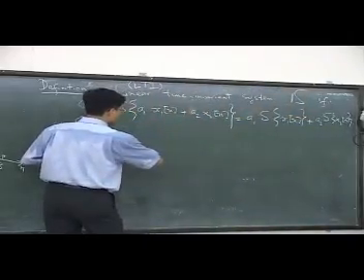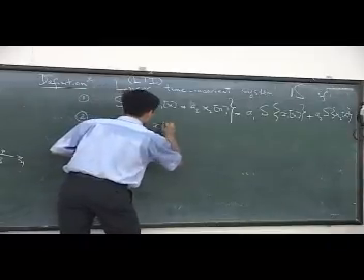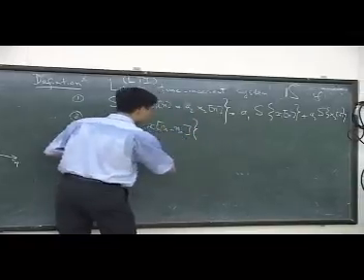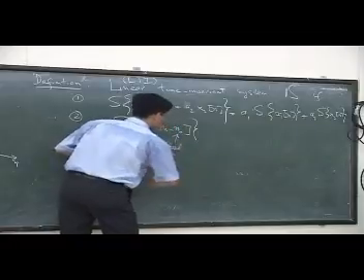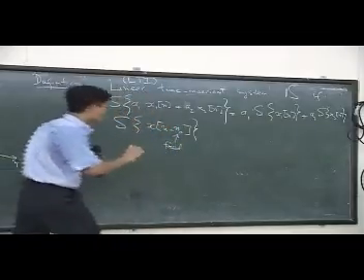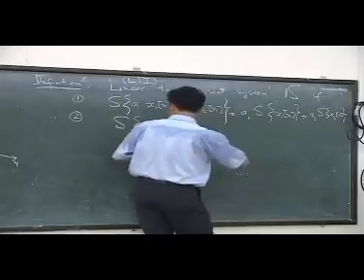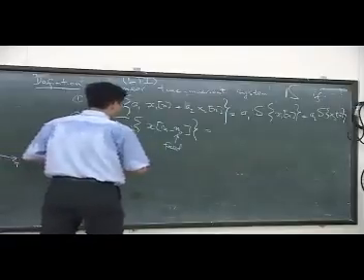So I take S of the signal x of n minus n naught, where n naught is a fixed number.